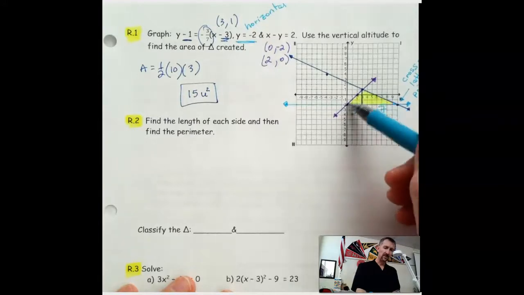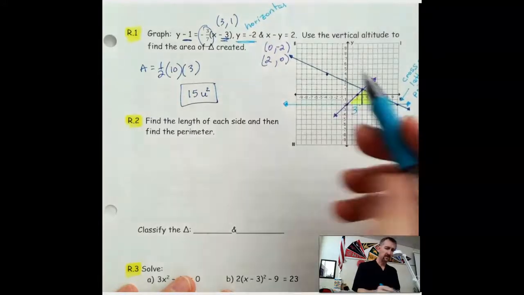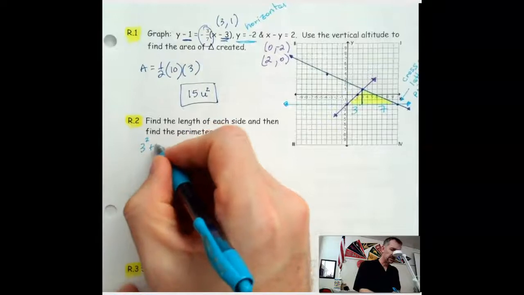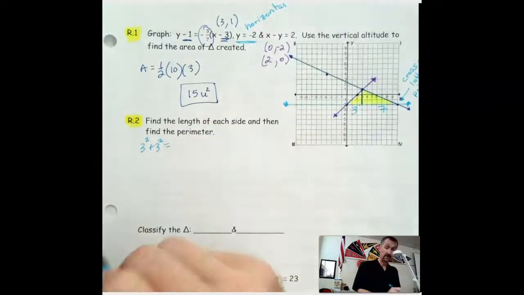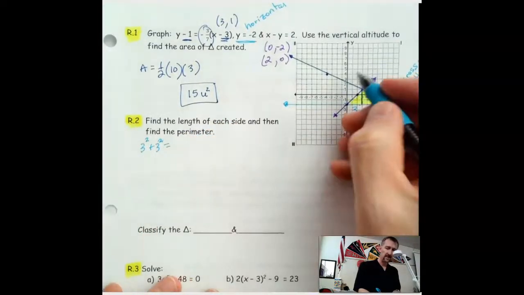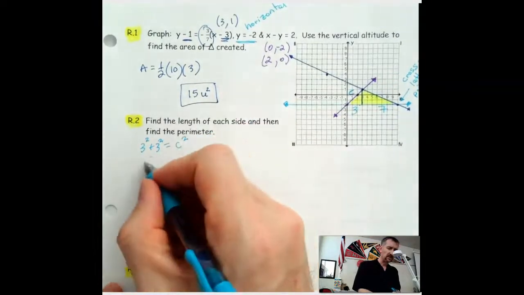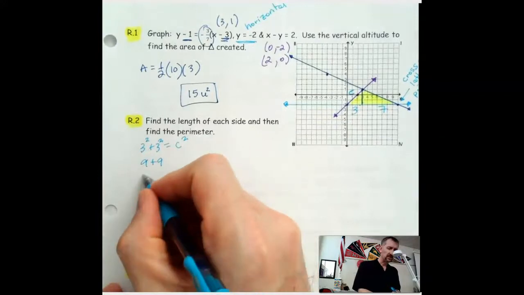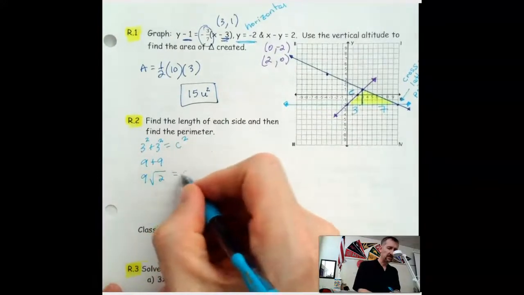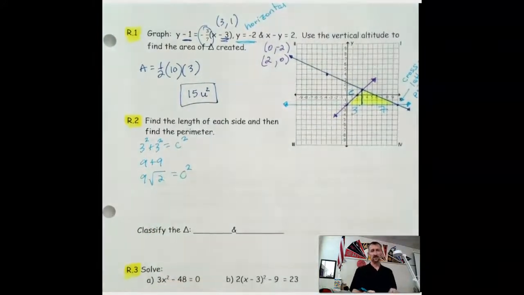Now this one, we can use the Pythagorean theorem to find this side. So that's 3 and that's 3. So you're going to have 3 squared plus 3 squared equals c squared. So that's 2 9s. So you can factor out a 9 and get 9√2, since it's 9 times 2.